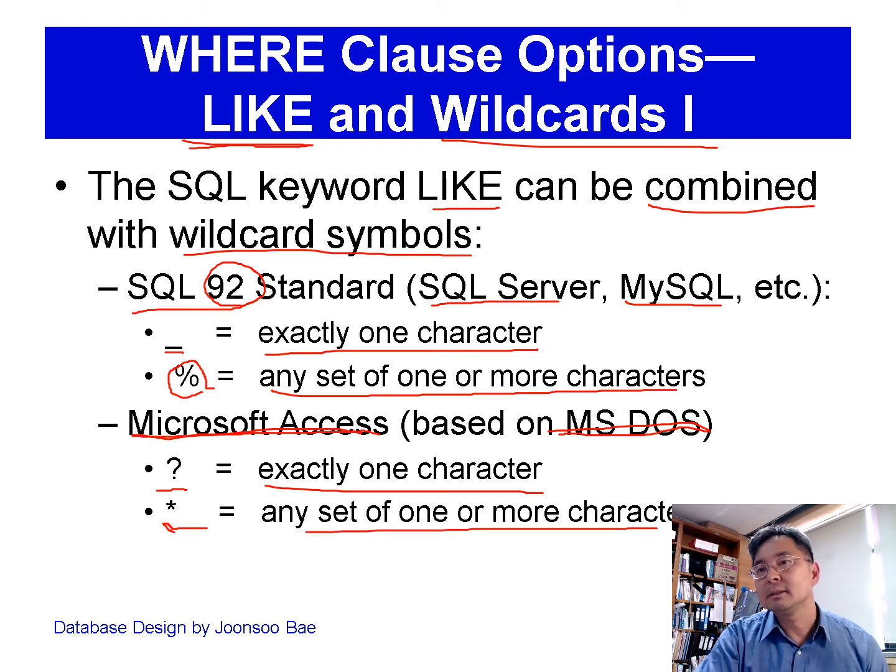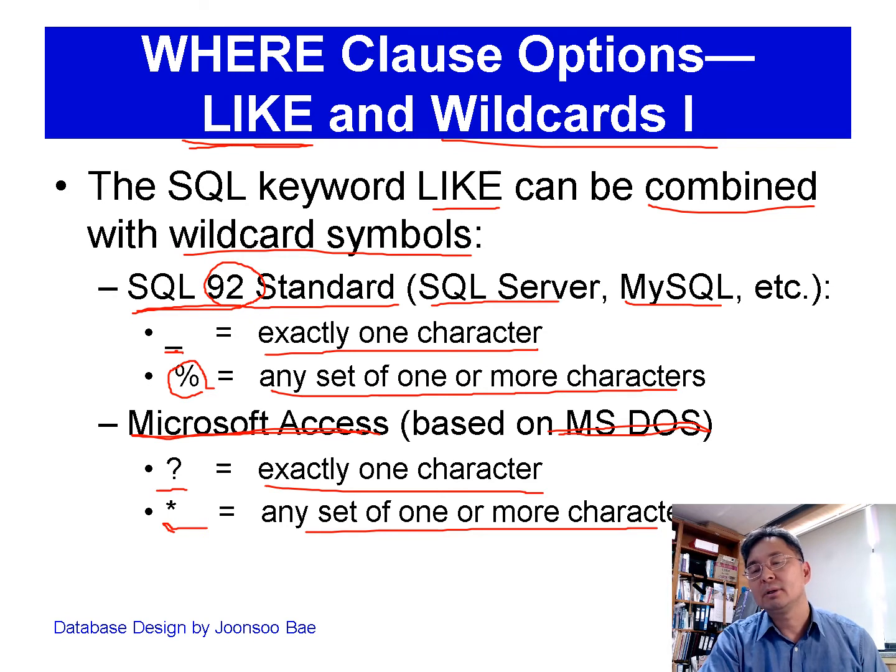So underbar and question mark have exactly the same meaning, representing exactly one character, and percent and asterisk mean the same thing, a set of characters, but they are distinguished depending on the usage environment.